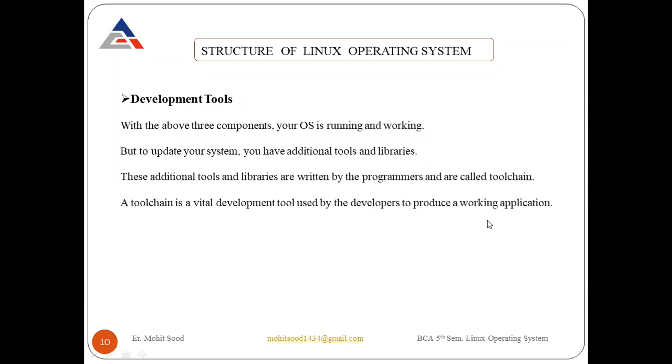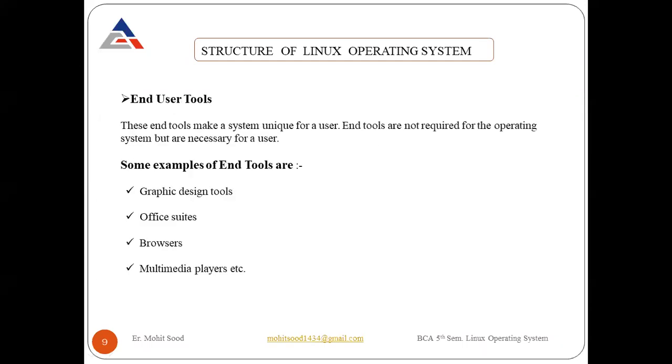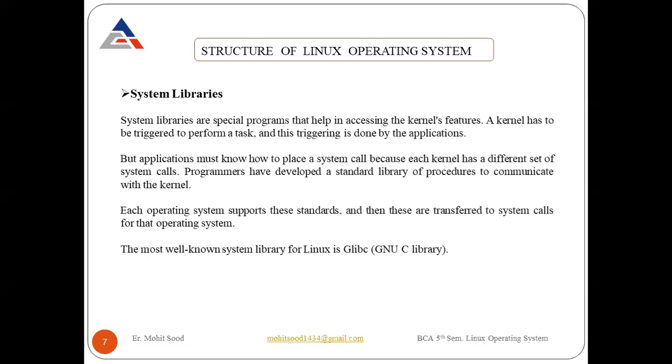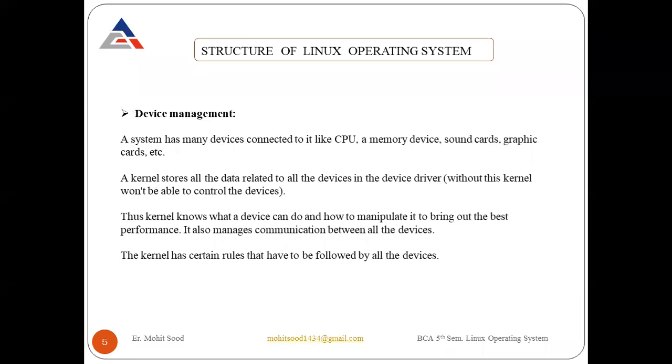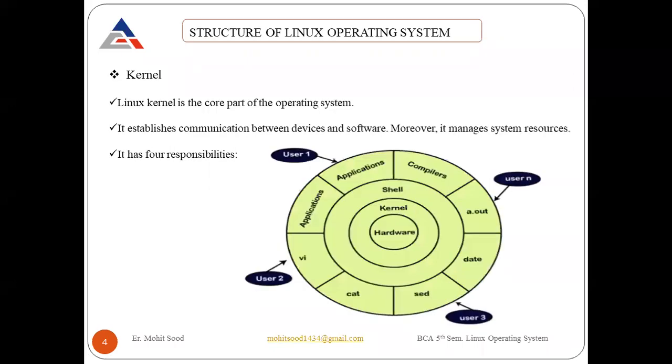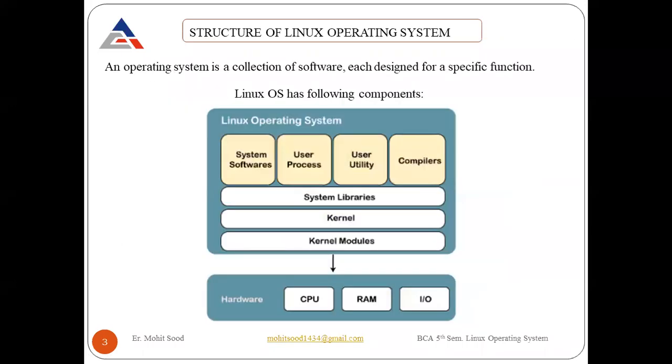So this is all about your development tools, system and user tools, system tools, system libraries, memory management, process management, handling system calls, device management, kernel part. This is a very important diagram here.